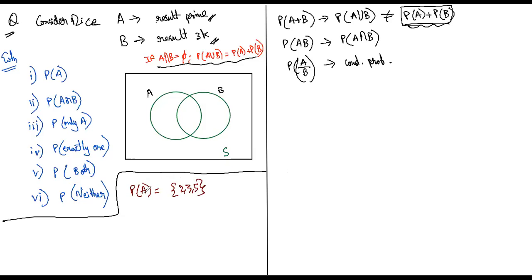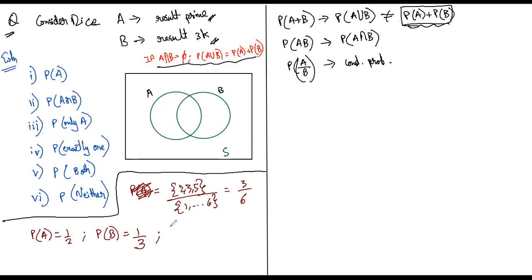Okay? And the sample space is a set from 1 to 6. So the favorable events are 3 out of 6. So probability of A कितना होगा? Probability of a prime number would be half. And similarly, probability of B में directly लिखा it would be 1 by 3. Why 1 by 3? There are only 2 possibilities, 3 and 6.